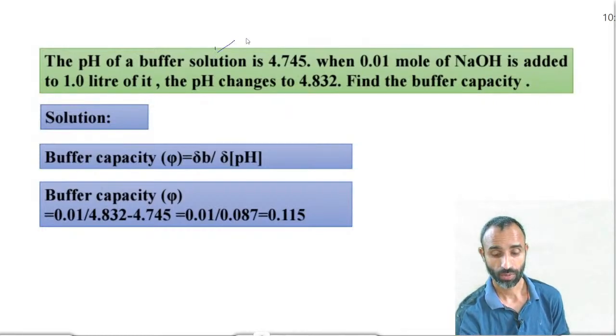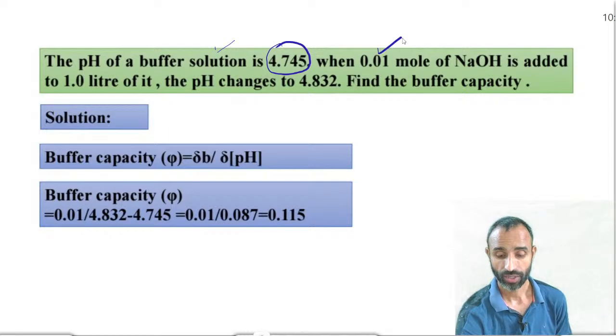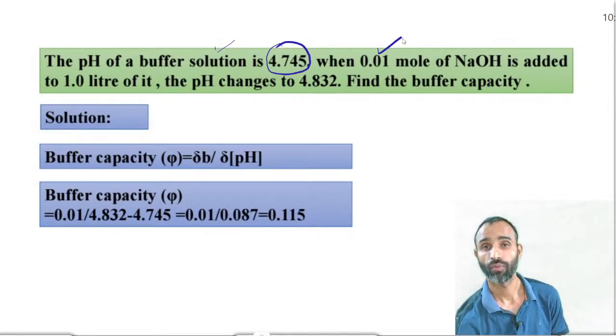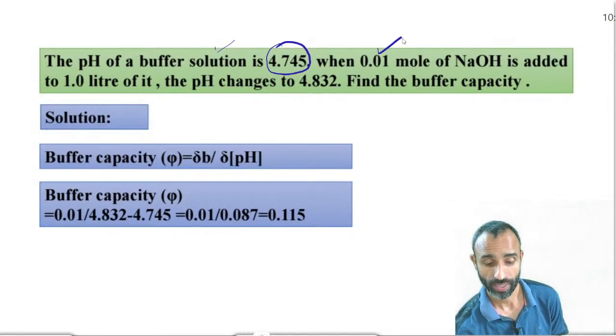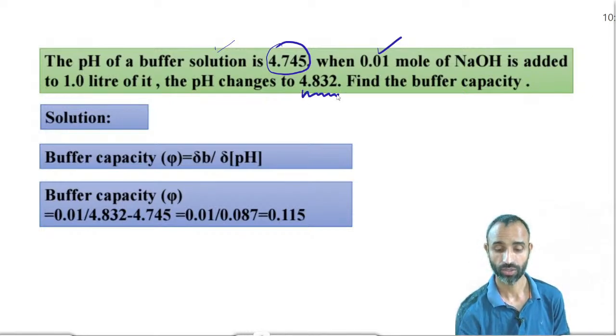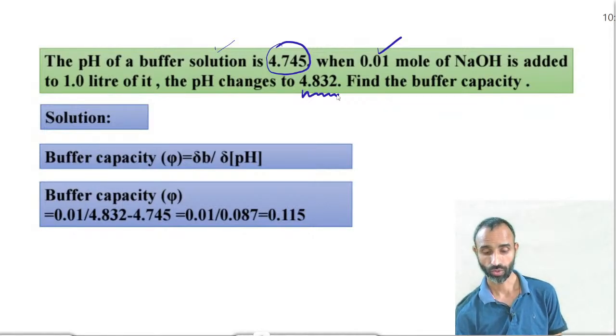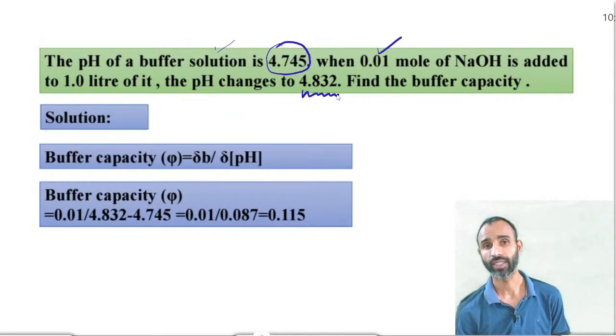pH of a buffer solution is 4.745. If we add 0.01 mole of NaOH to 1 liter of it, pH changes to 4.832. What is the buffer capacity? You know buffer capacity is number of moles of acid or base added divided by change in pH.